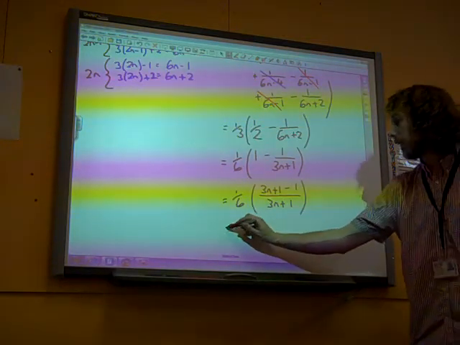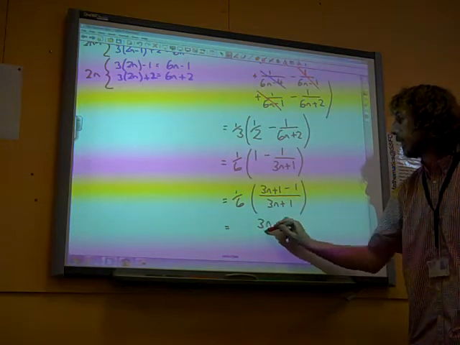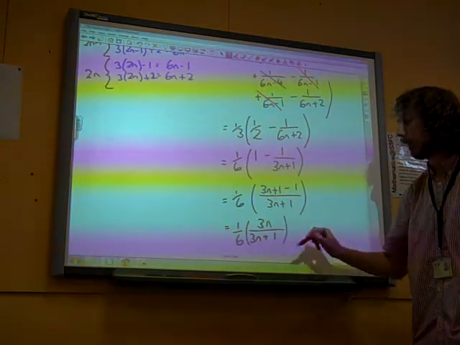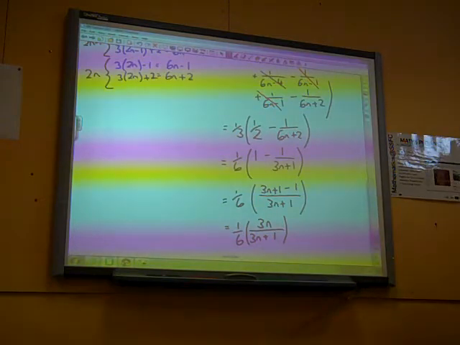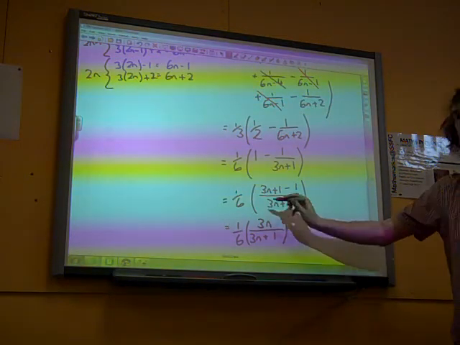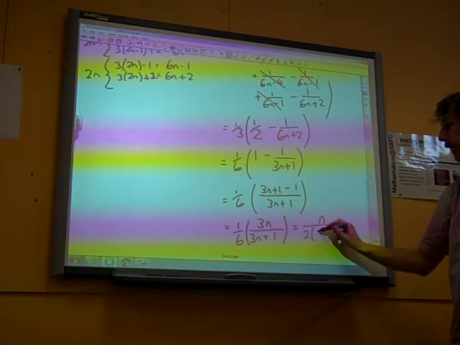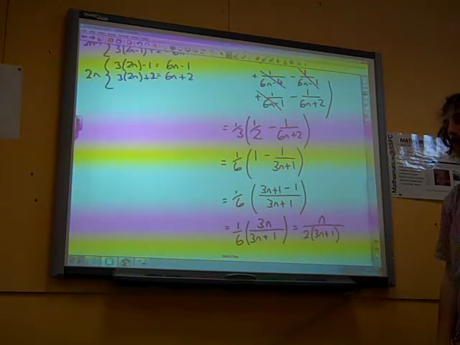The top line ends up being 3n over 3n plus 1. We times it by a 1/6, so the 3 cancels out top and bottom, leaving us with n on the top and 2 lots of 3n plus 1 on the bottom.